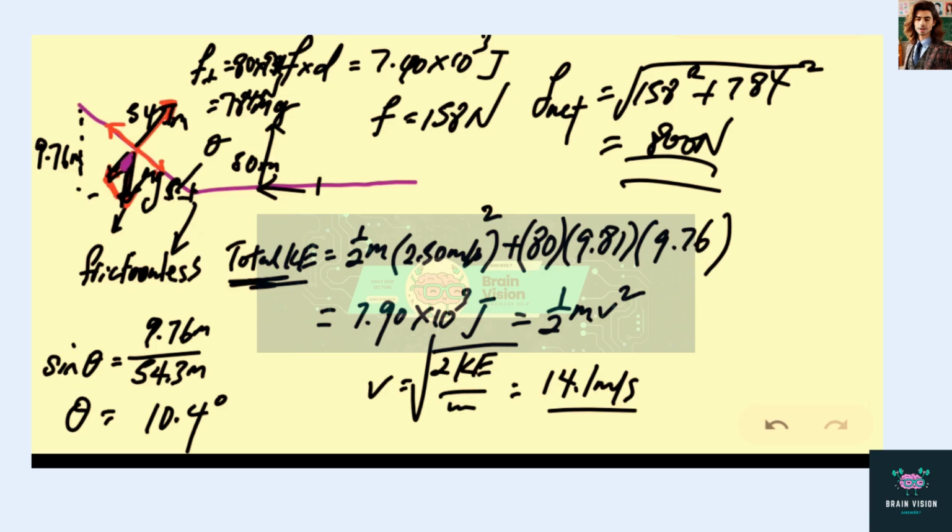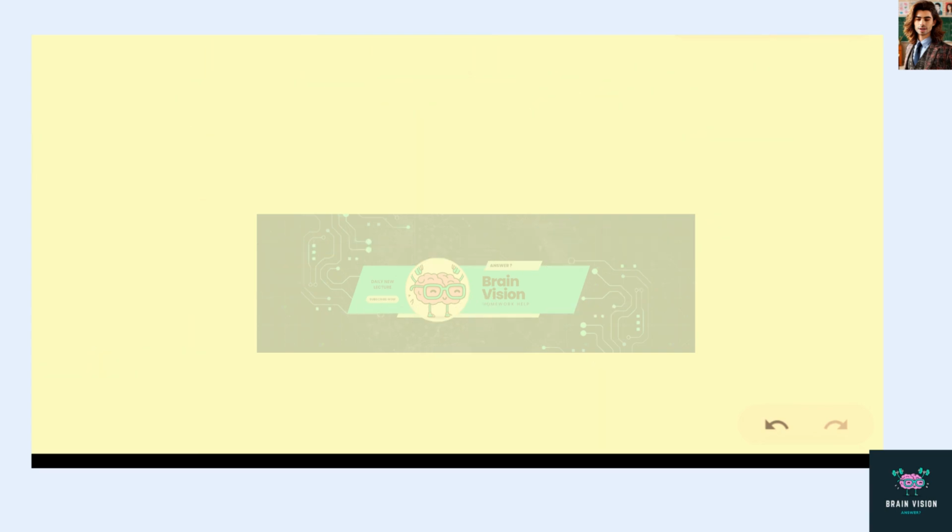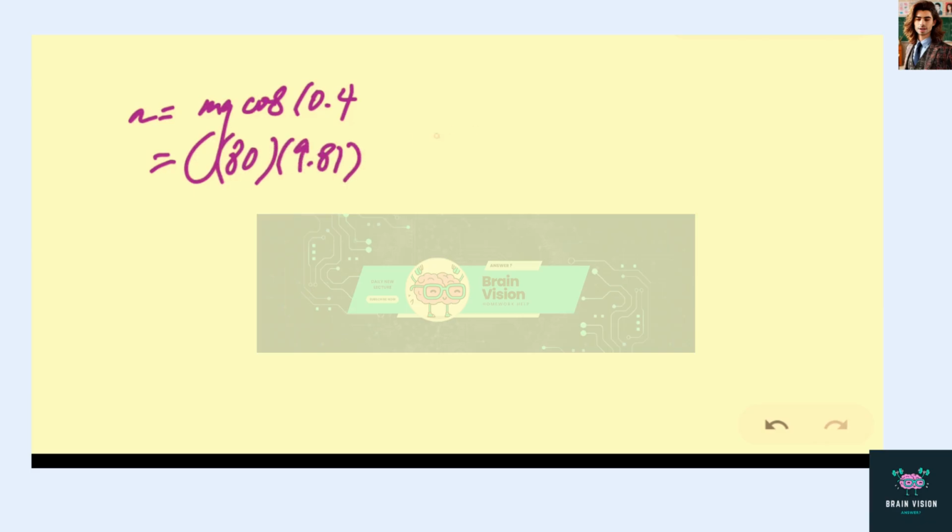So the vertical component would just be taking cosine of 10.4 degrees, mg times cosine 10.4. This gives us about 771 newtons. So this is the normal force which the chute is acting on the person.